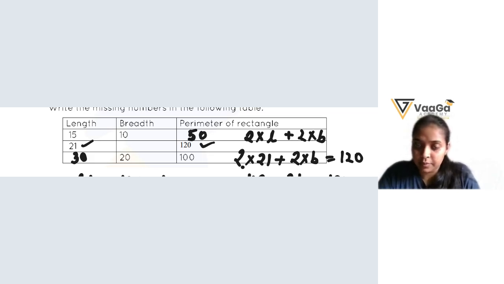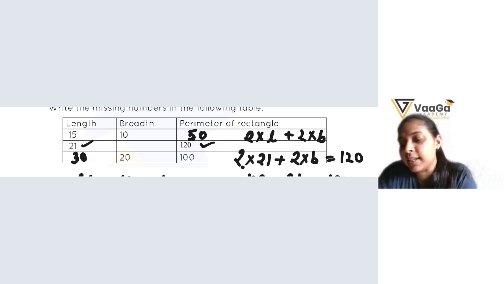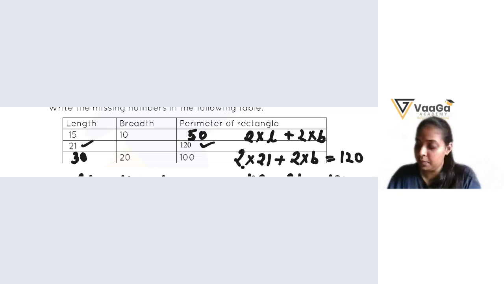Perimeter means adding all sides. And what is area? Area means length multiply by breadth. No, that's the formula for the rectangle.